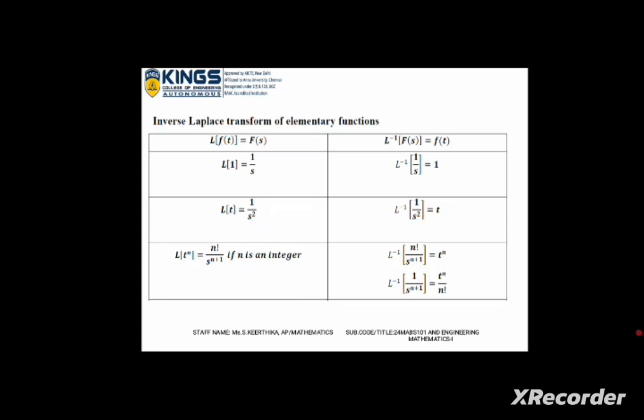The next, second one: L of 1 can be written as 1 by s. Likewise, L inverse of 1 by s can be written as 1. Now the third one: L of t equal to 1 by s squared. Then L inverse of 1 by s squared equal to t. Likewise, all the formulas.